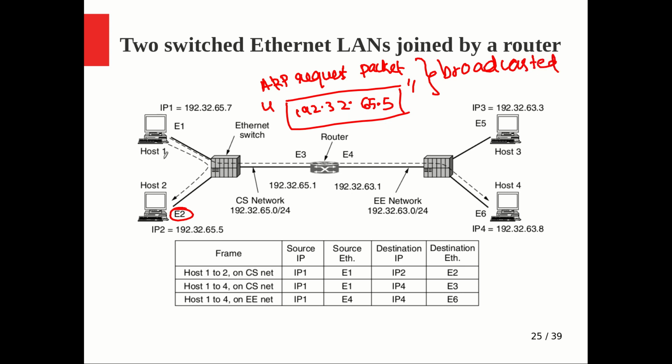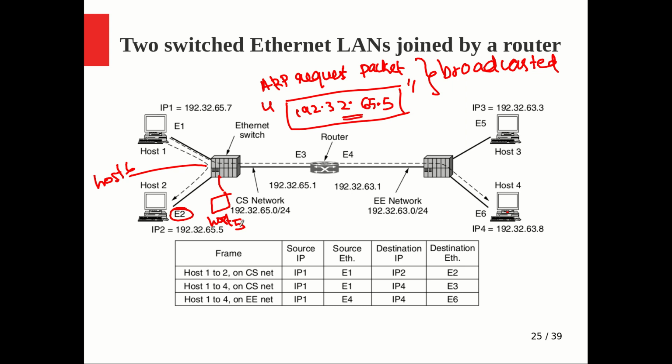Here it shows only host 1, host 2, and hosts 3 and 4 highlighted. Let me say there is another host called host 5, and another called host 6. Many hosts will be connected to this Ethernet switch, and everyone will get this broadcasted ARP request packet, and all will see whether this is my IP.